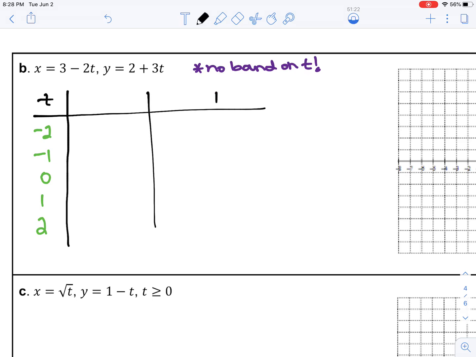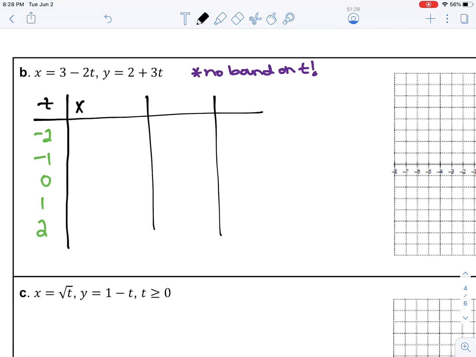So again, you'll just continue to organize your table where the next columns are x equals 3 minus 2t, y equals 2 plus 3t, and then we organize those x, y points at the end just to help this graphing go a little bit smoother.